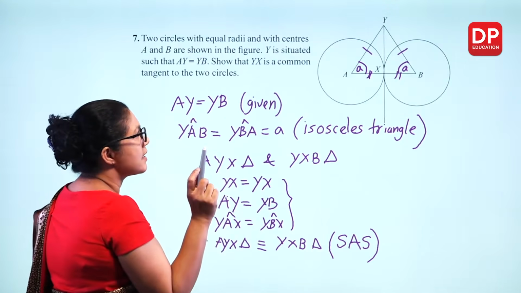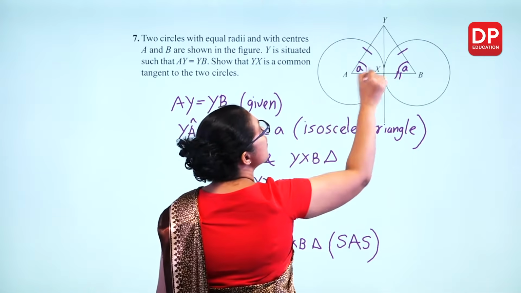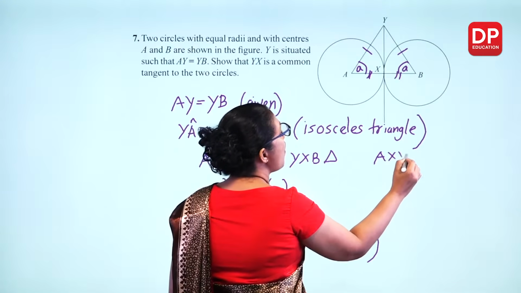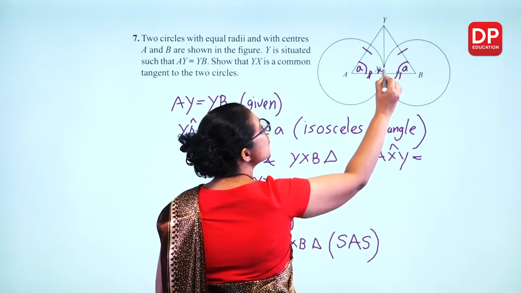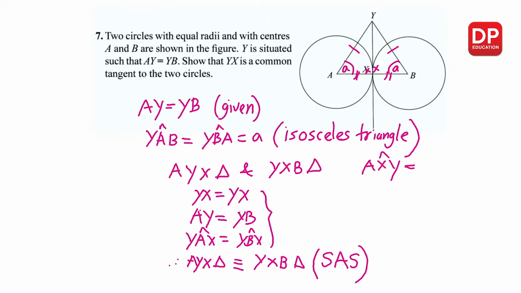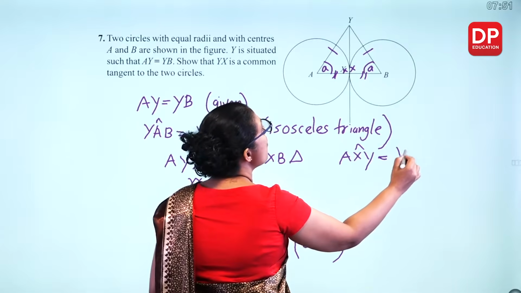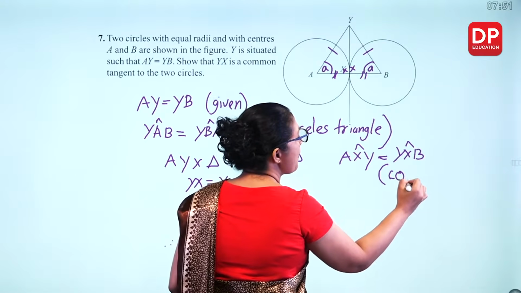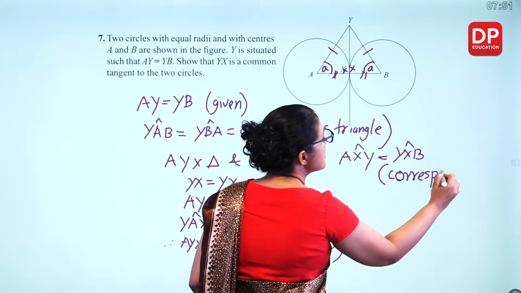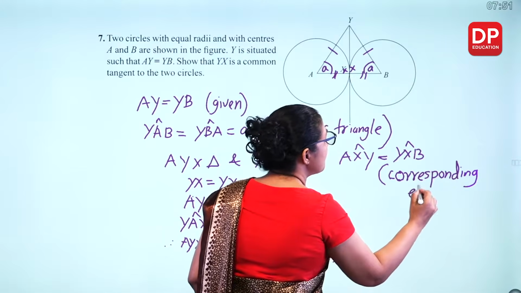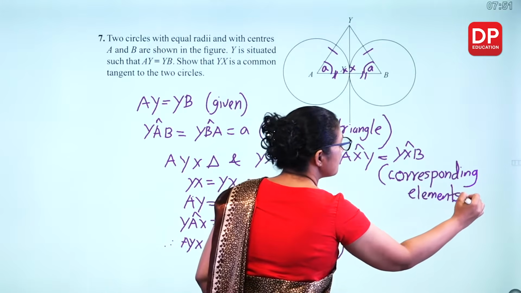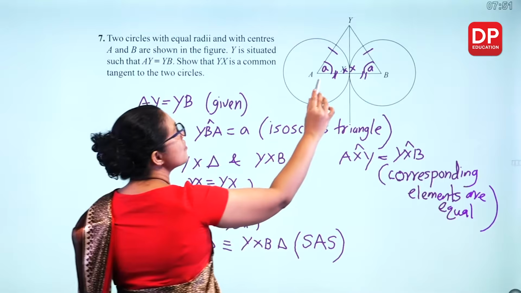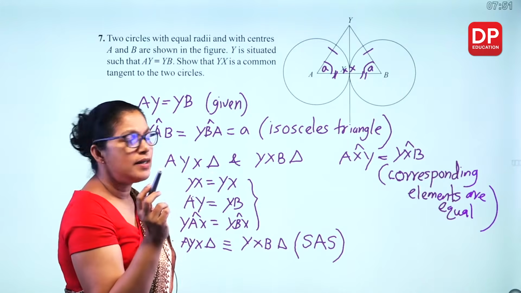So because of that, we know that the corresponding elements are equal. Angle AXY is equal to angle YXB. Corresponding elements are equal. So these two are equal, meaning each one is 90 degrees.